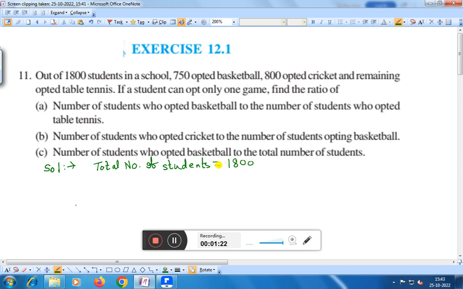Students opted basketball is equal to 750.